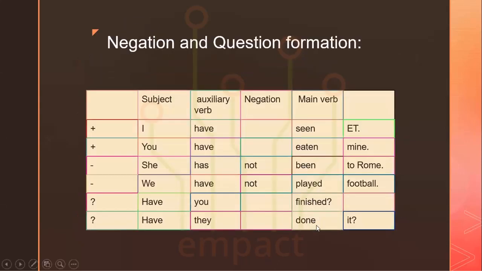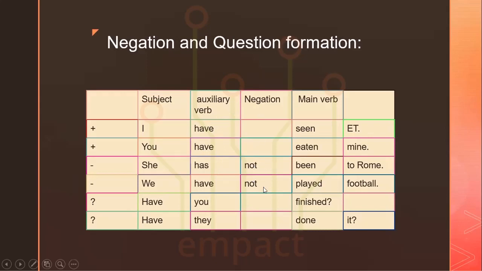Here we have how we are going to change a sentence into negative and question. Generally, by using not with has or have, the sentence will be negative, like I have bought a bag, I have not bought a bag, or I haven't bought a bag. So have not or haven't, has not or hasn't, changes a sentence from affirmative into negative. These are the subjects, and these are the auxiliaries, have or has.